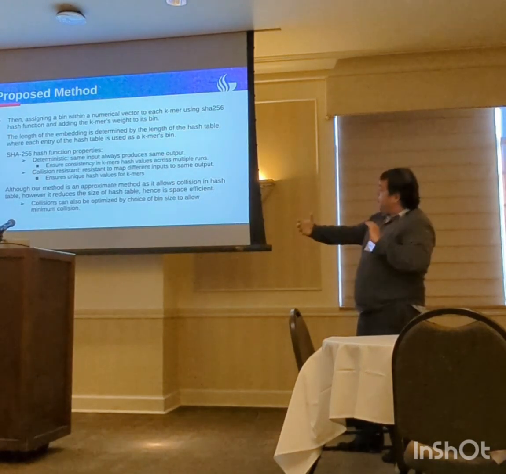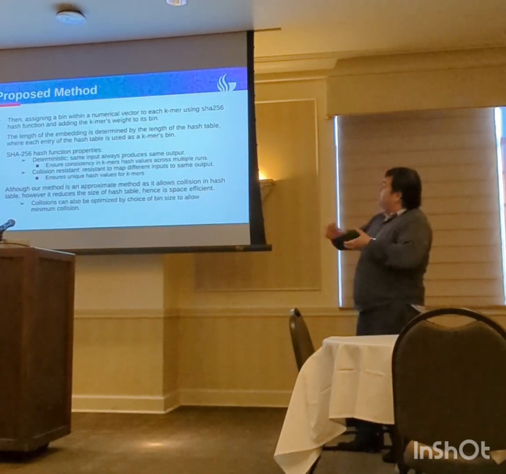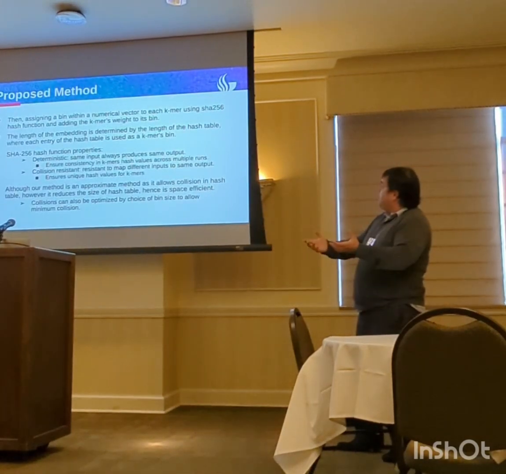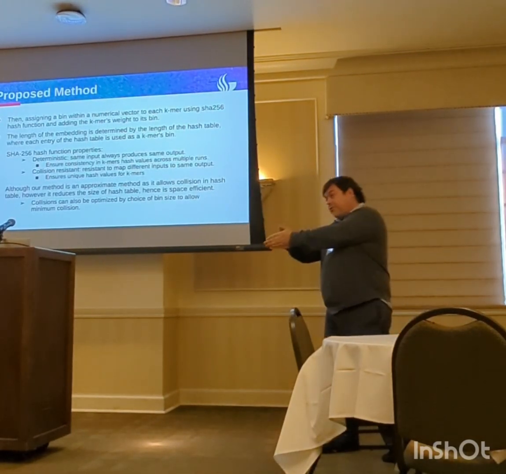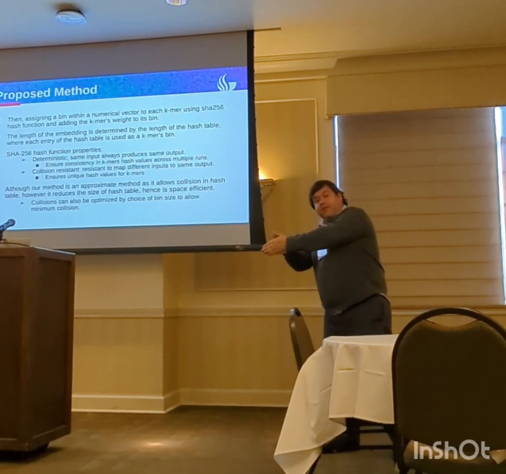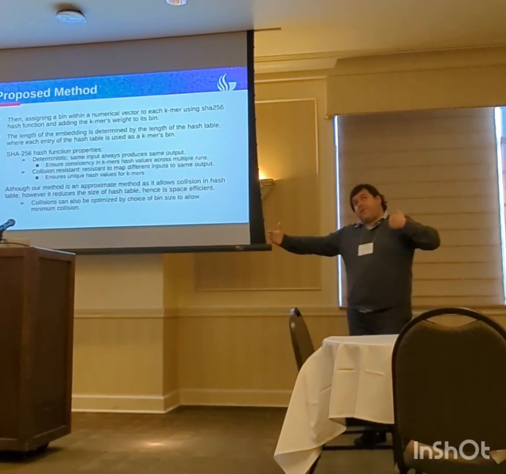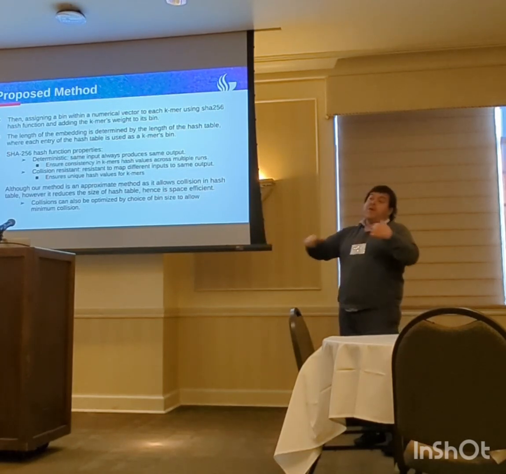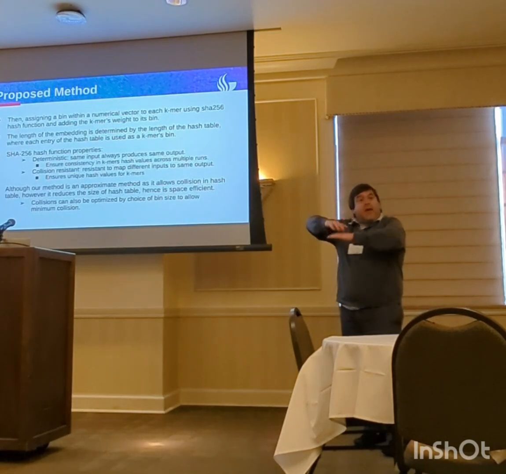So we basically have the k-mer, and we use this SHA-256 hash to assign the k-mer to a bin, right? Before, the bins would be counts, but now it's a weighted count in some sense.